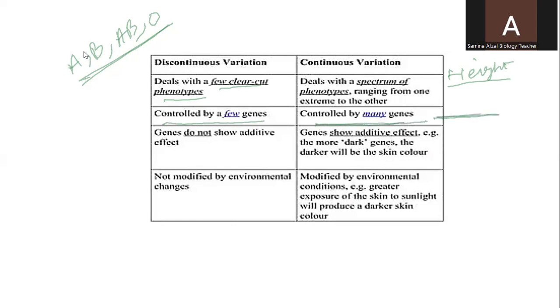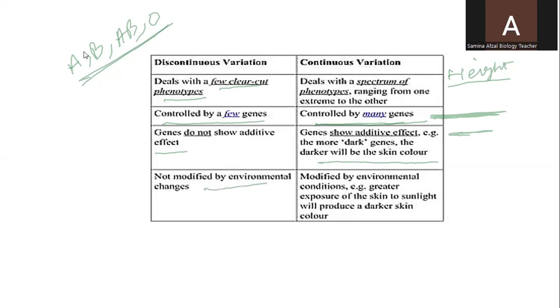In discontinuous variations, genes do not show an additive effect, but in continuous variations, the genes show an additive effect. That is, many genes can express themselves at the same time. For example, the more dark genes, the darker the skin color. In this way, they show the additive effect in continuous variations.